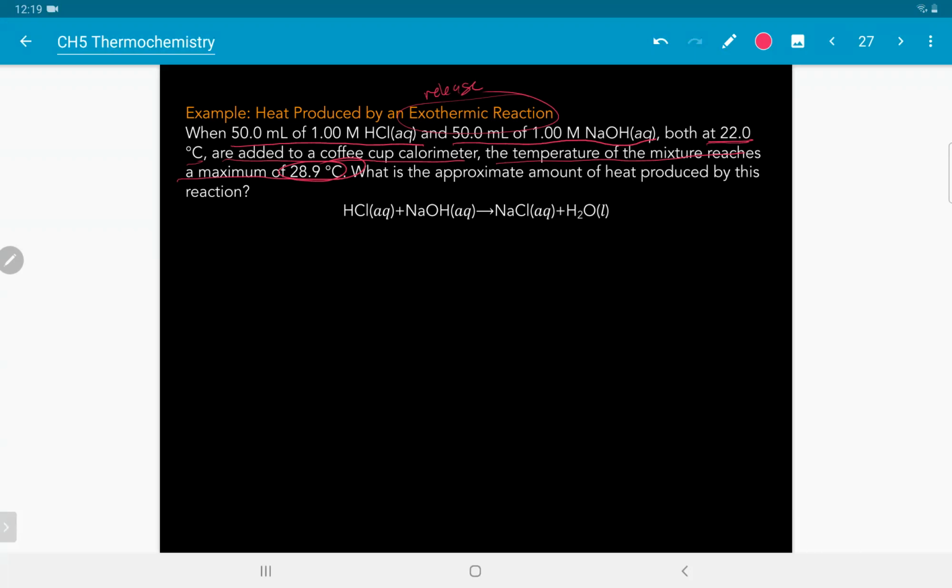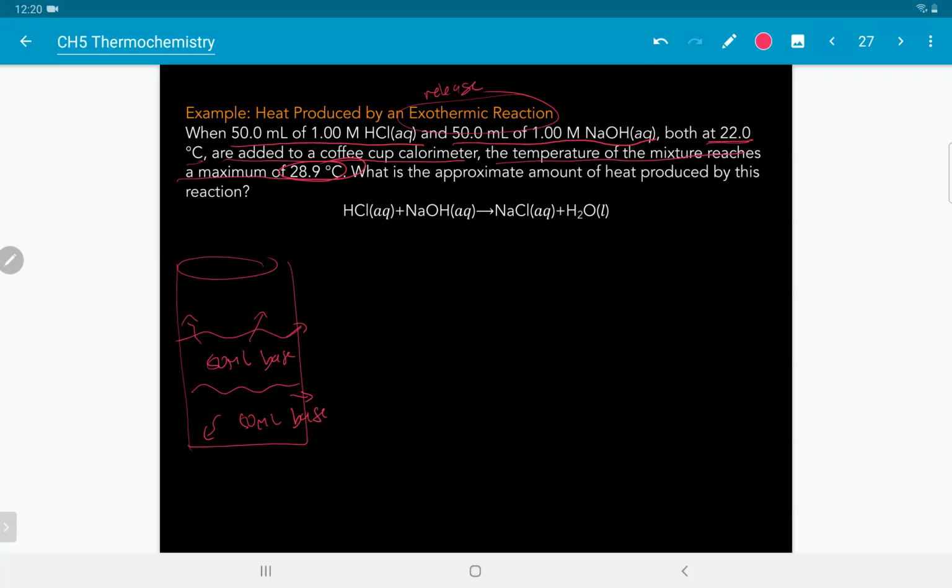All right, so let's define our system and our surroundings. It sounds like you're mixing 50 milliliters of acid with 50 milliliters of base. That is an exothermic process, so heat is being generated and released, and it's getting absorbed by something. So what's actually generating the heat? Is it the cup? Is it the acid?